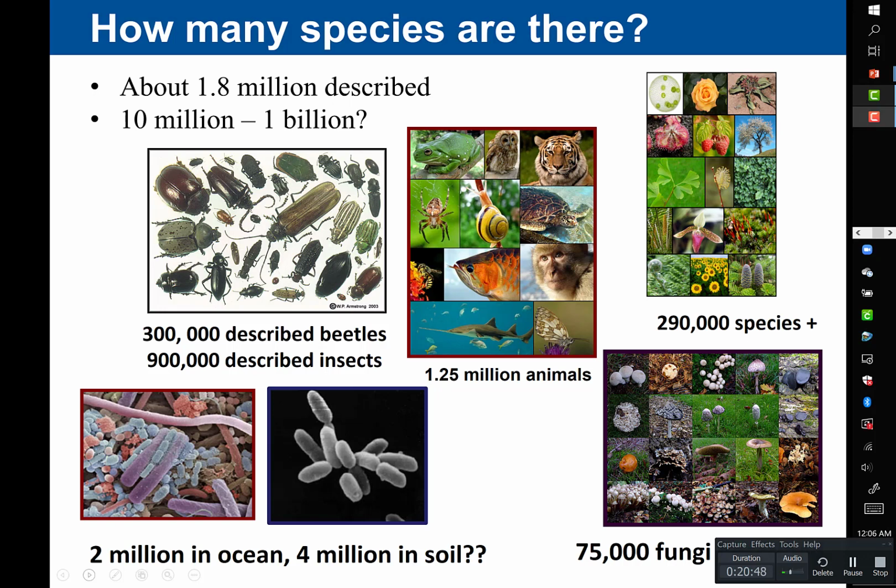One of the things you need to think about, though, is that if you just simply look at an organism, you can't use physical characteristics to define a species. Think of humans. There's a lot of diversity. We look very different from one another, yet we are the same species.